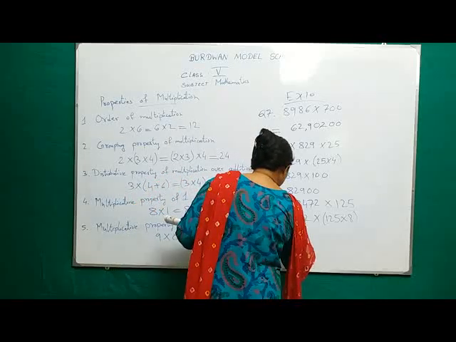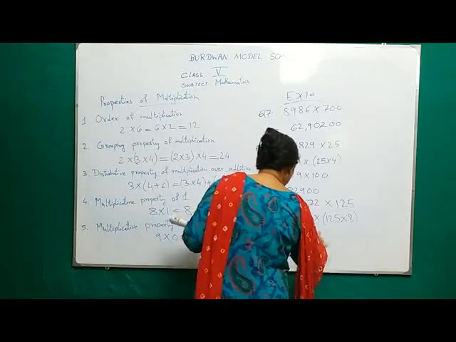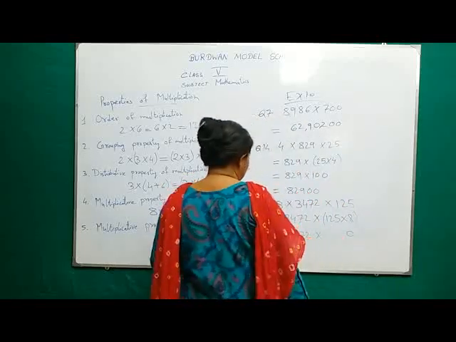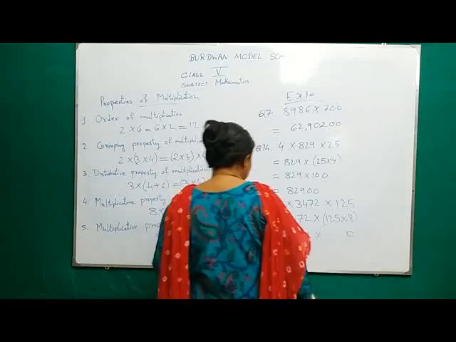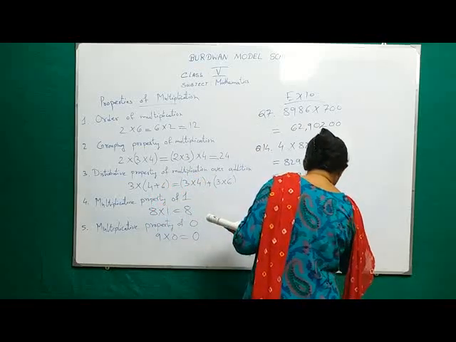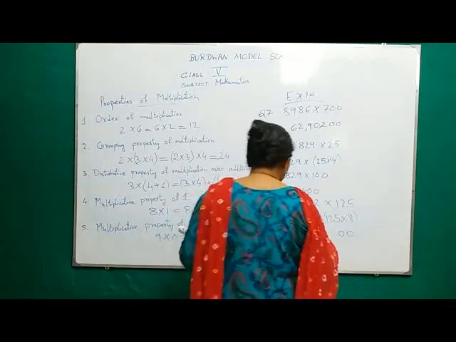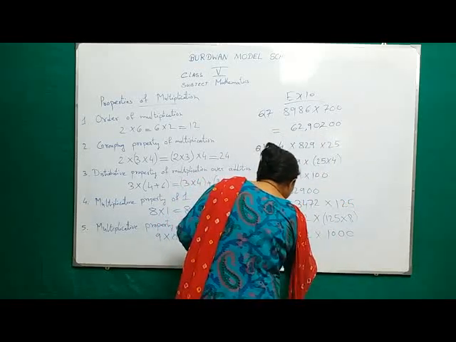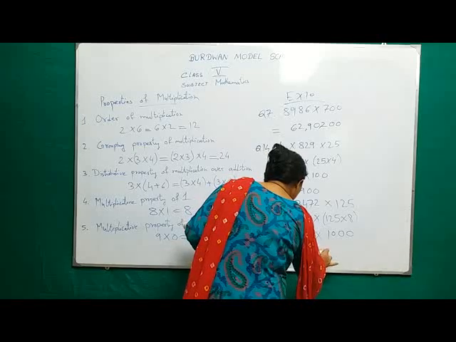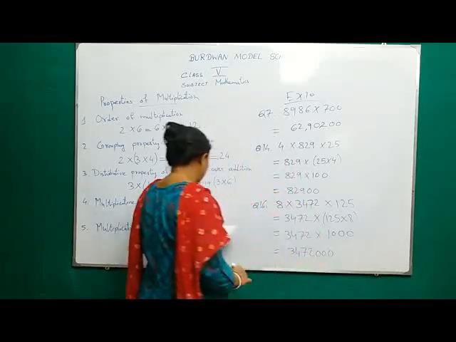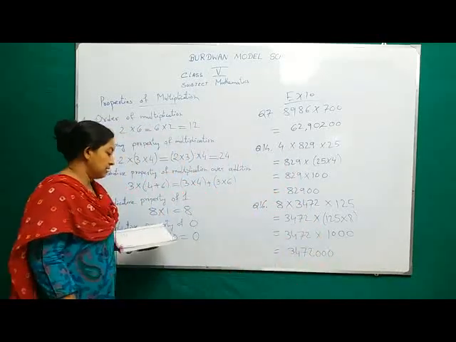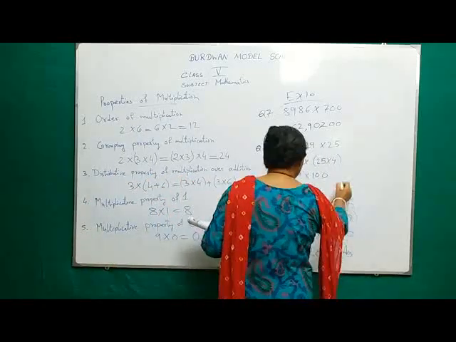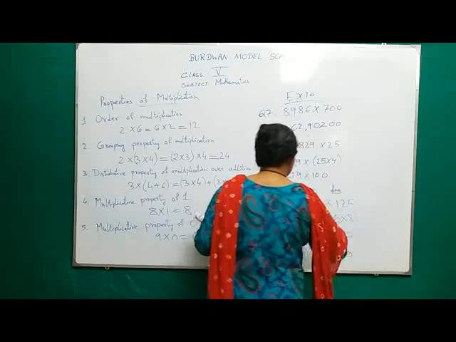This will be 3472 into 8. 8 5s are 40, carry 4. 8 2s are 16, 16 plus 4 is 20, carry 2. 8 1s are 8, 9, 10. So if you are multiplying, the answer will be 7212 and 3 zeros. Okay, so this is the answer for number 16. At the last you will write it as the answer.